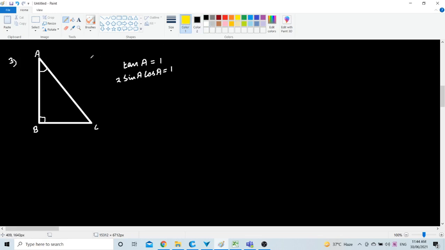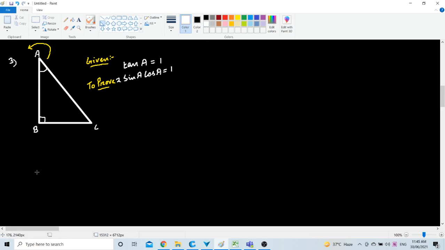Okay, so I can simply write it over here: what is given to me is tan A equals 1, and to prove, sine A cos A equals 1. Now, not to worry, just rotate this figure so that this angle A comes down, and it will be considered as an angle made by the base and the hypotenuse.